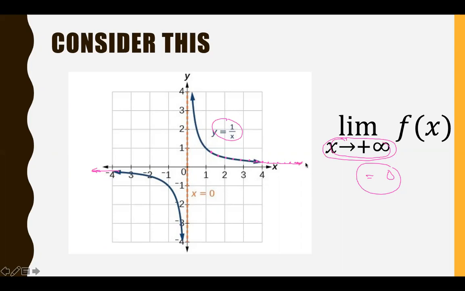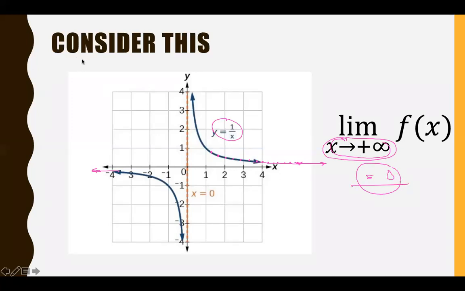As it increases, it tries to reach or intersect 0, but since with the asymptote concept it will never intersect. So technically, we can say that the limit of f of x as x approaches positive infinity is equal to 0.